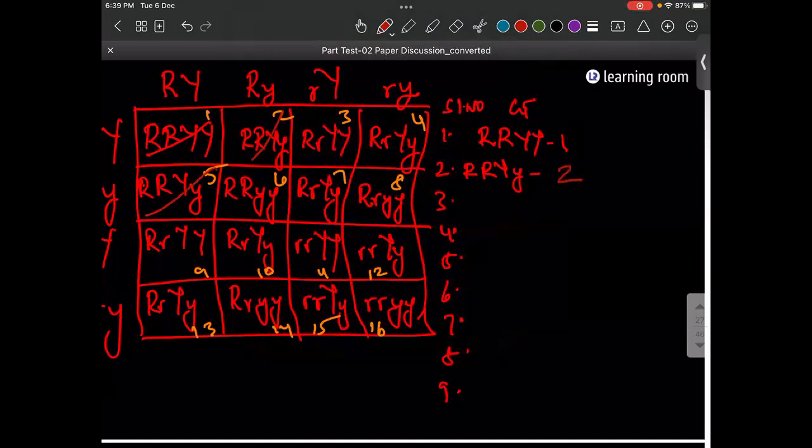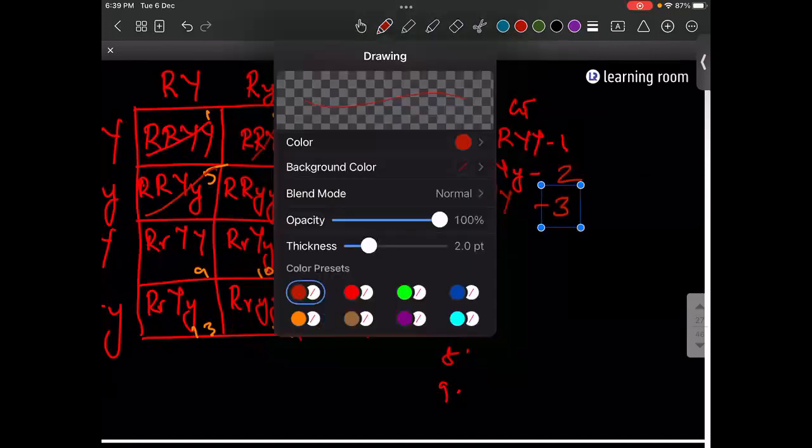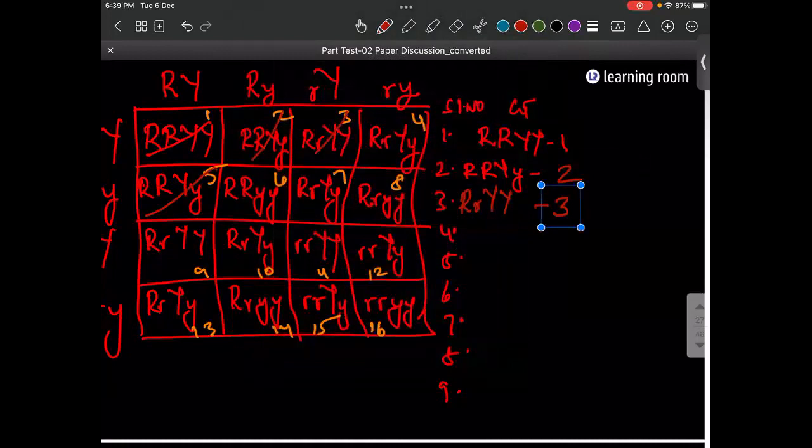And then capital R, small r, capital Y, capital Y. Table 3 and 9. Just a minute. Okay, 3 and then 9.